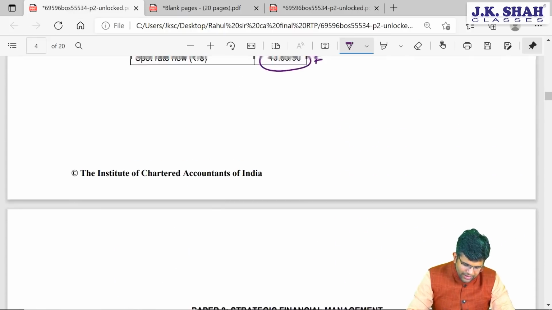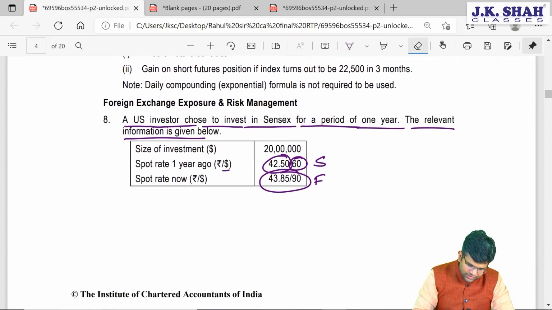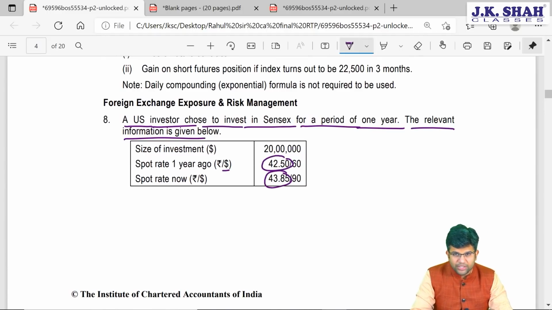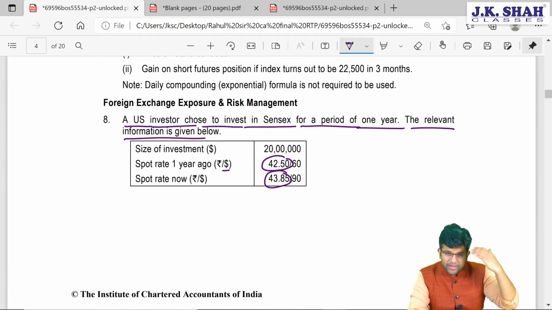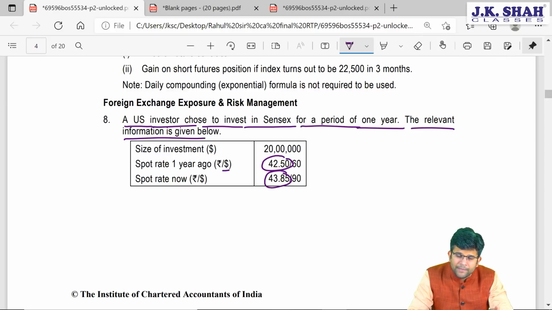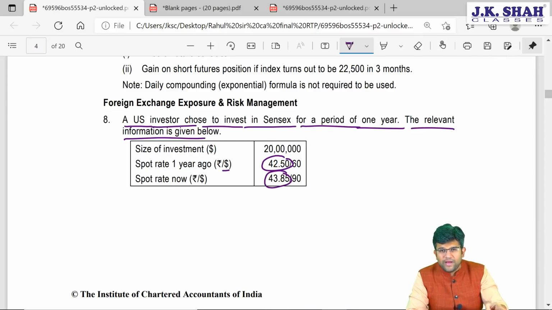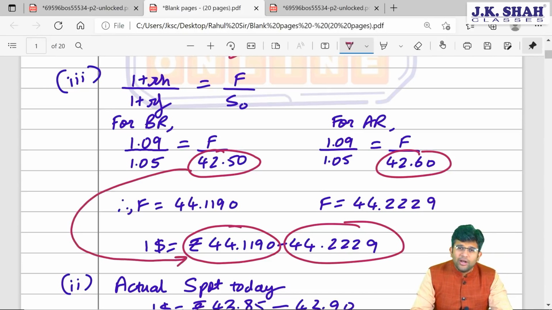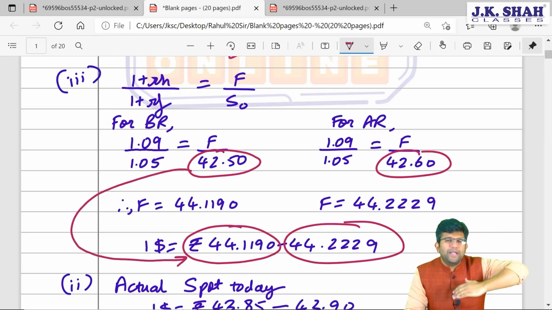But now children, if you see what happens in reality. In reality, dollar does appreciate. It is appreciating from 42.5 to 43.85. Are you listening? It is going from 42.5 to 43.85, which means, do you realize, according to PPPT, dollar should have appreciated slightly bit more, right?